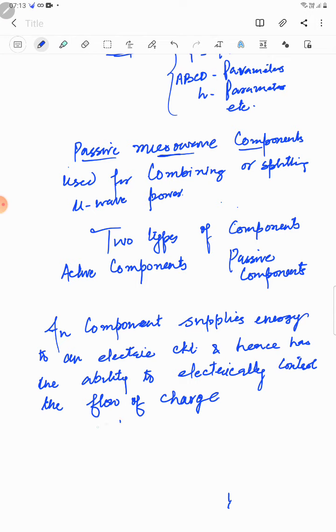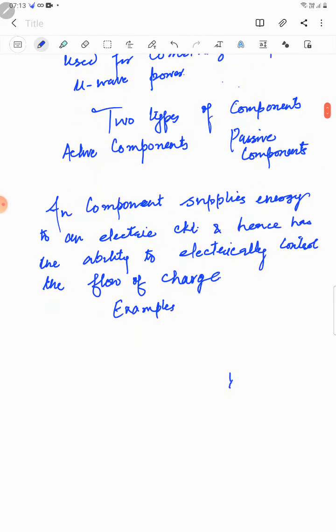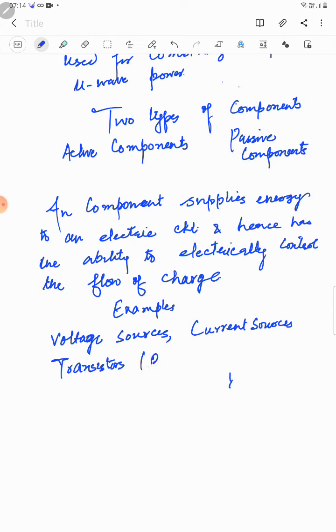So what are the examples of active components? Common examples are voltage sources, current sources, and transistors like BJTs, FETs, JFETs, MOSFETs, etc. These are the common examples of active components.